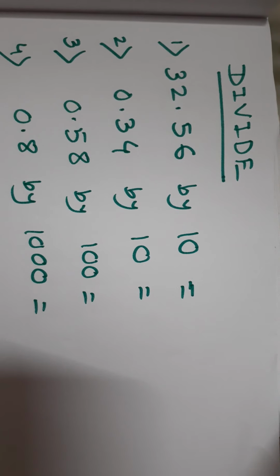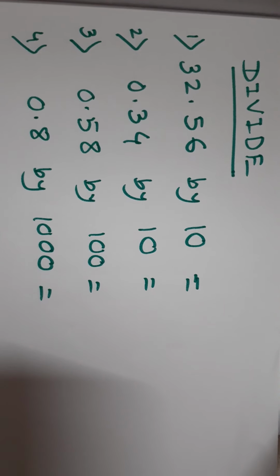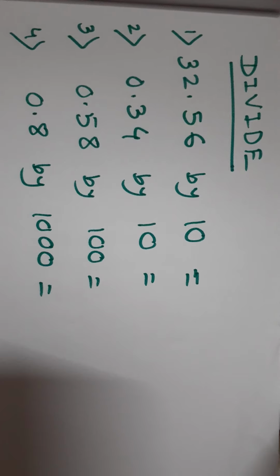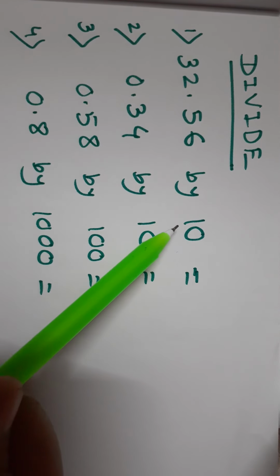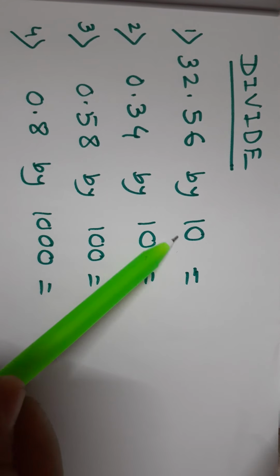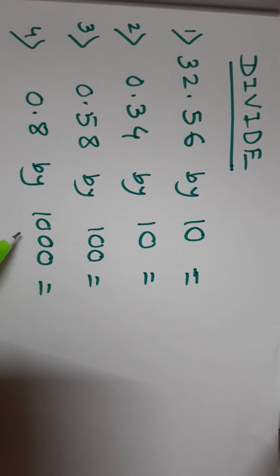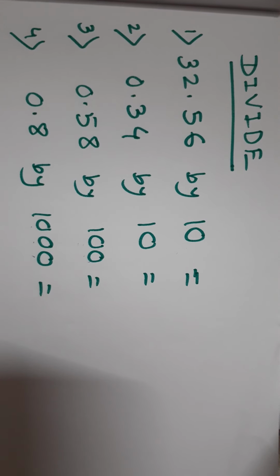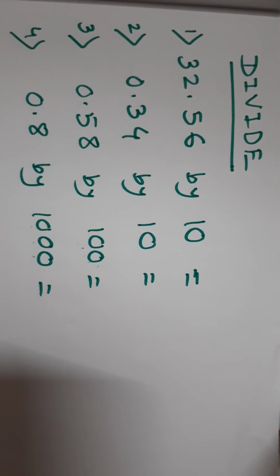In the case of multiplication, we have seen that we just shift the decimal point to the right side, according to the number of zeros present. Here only 1 zero is present, here 2 zeros are present, and similarly in this case 3 zeros are present. So according to the number of zeros, we did the multiplication.